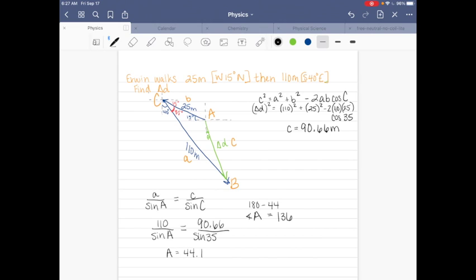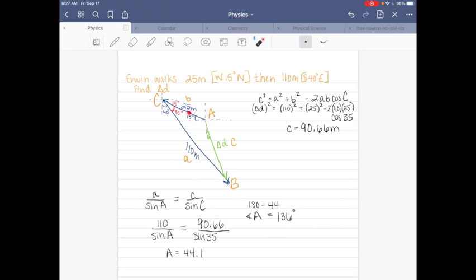Okay, so that's not going to be entirely helpful for solving what the direction is, because we can't go off of this line. So we need to figure out what this portion of the angle would be so that we can give the direction based off of the southern line.